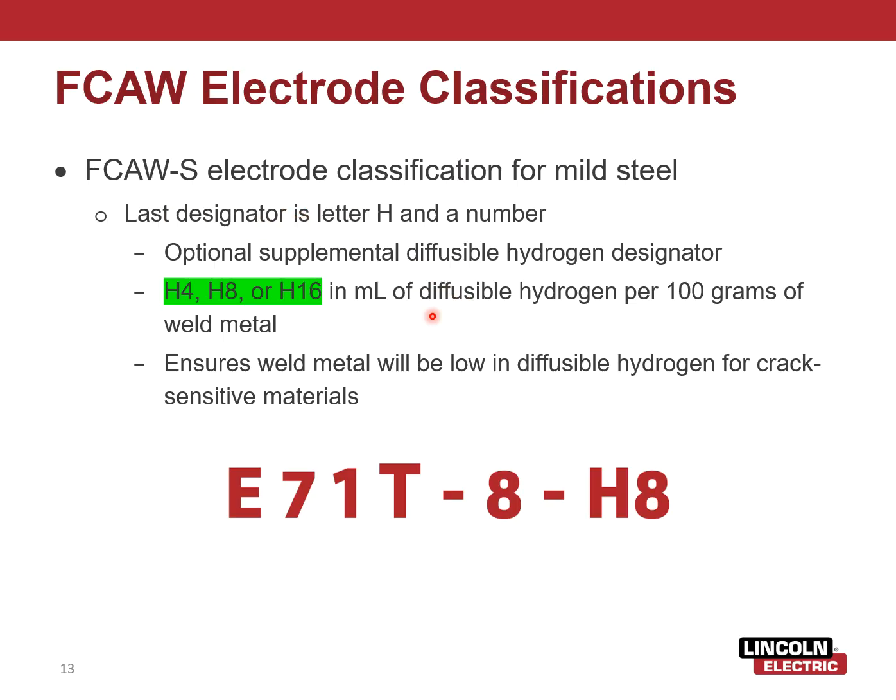The last designator, that H, is your diffusible hydrogen level, just like on your SMAW electrodes. You're either going to have an H4, H8, or H16, and that is the diffusible hydrogen per 100 grams of weld metal. This ensures that the metal will be low in diffusible hydrogen for crack-sensitive materials.